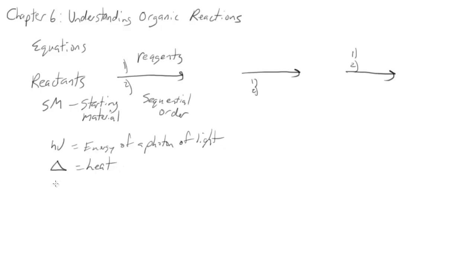And often the solvent is included, but sometimes the solvent is not even included. So typically, if the solvent is important, it'll be included. If it's not important, sometimes it's not even included in the equation. And then at the far end is always going to be your product, or products, depending on the reaction, if there's one or more product.